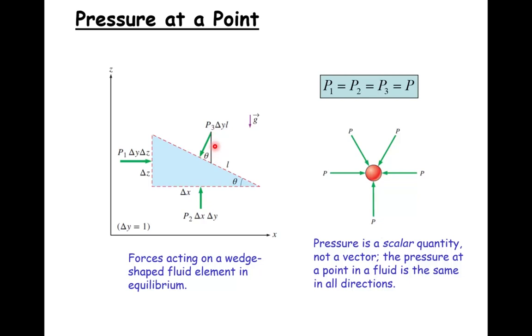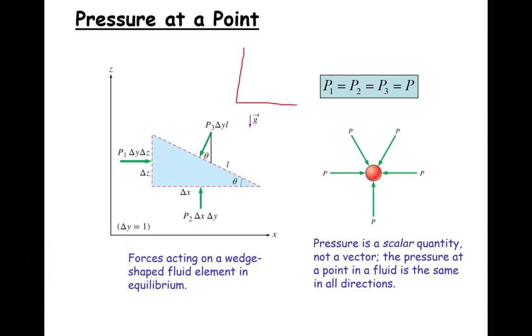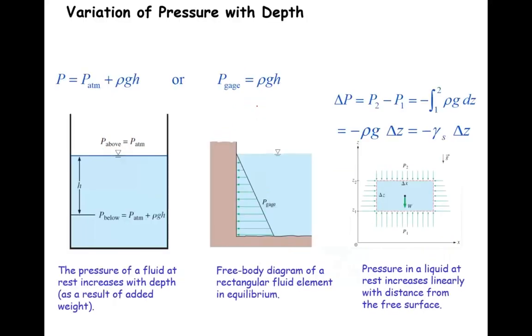So if we have a container, the pressure everywhere within it would be the same, from above, from the bottom, because this is a point whose limit goes to 0. This is called Pascal's law. Remember, pressure is not a vector. Pressure is a scalar quantity.